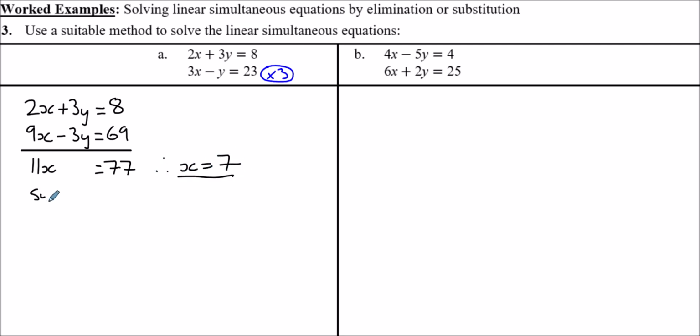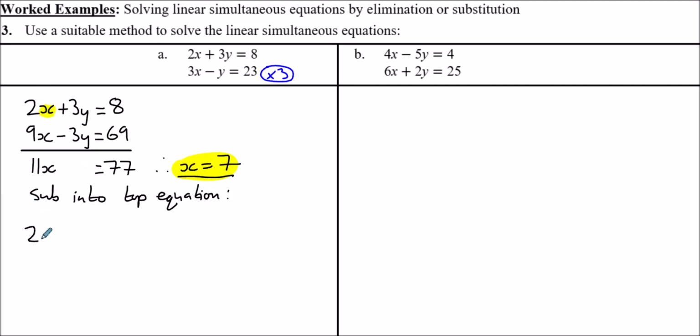We can then substitute this back into one of the initial equations. So if we substitute this into, let's go for the top. So now we know that x is 7. We can just pop this back into here.